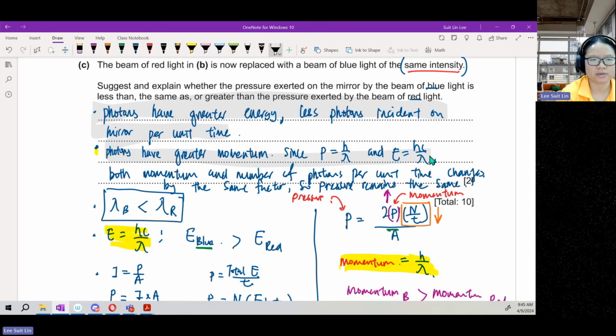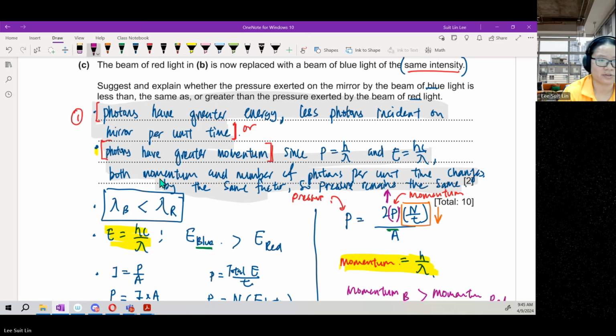So photons have greater momentum. You don't really need to justify that the factor is the same because they didn't give you any information to show that working. But this part here, look. 1 mark is when you mention photons have greater energy, so fewer photons are incident on the mirror per unit time, because you can definitely write this one. Or you mention photons have greater momentum. Okay, 1 mark.